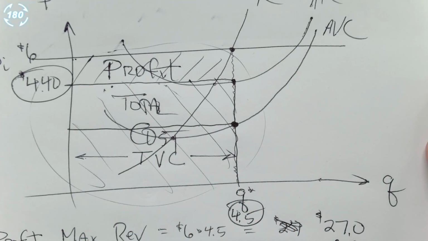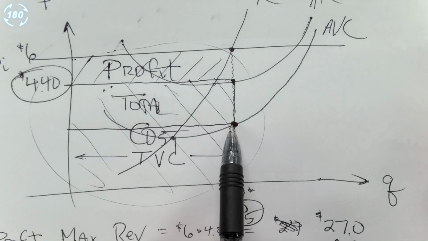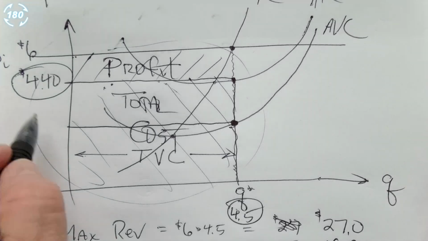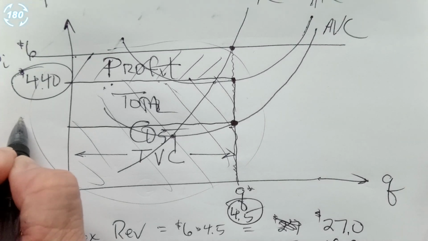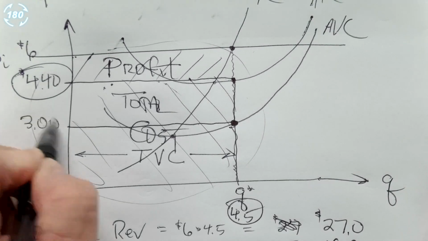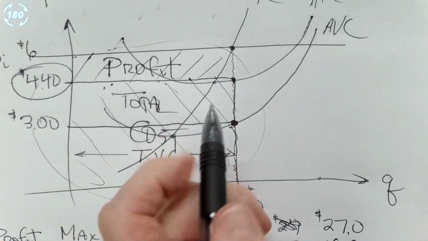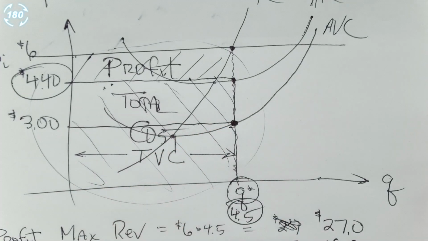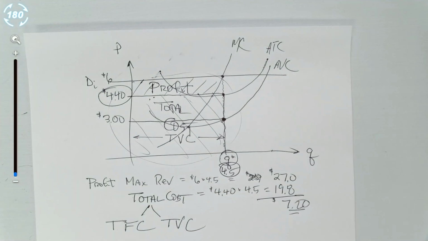Okay? So I look at the average variable cost curve at the profit maximizing output. And I don't know what that is. We just put a number in there. It really doesn't matter. Let's just suppose it's $3. So this vertical line, which is so important, we noted first, where the marginal cost intersects the marginal revenue curve.